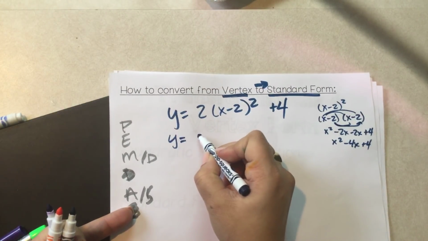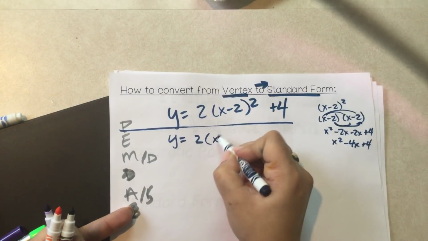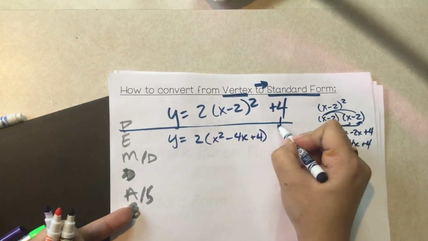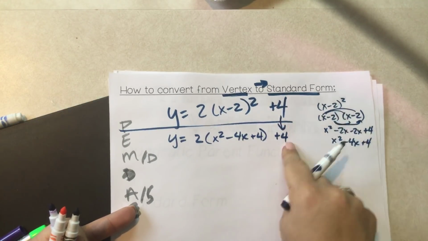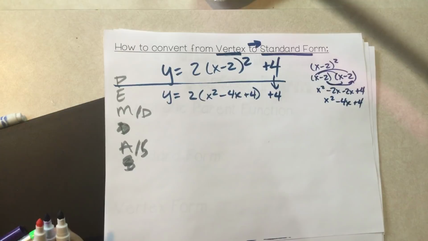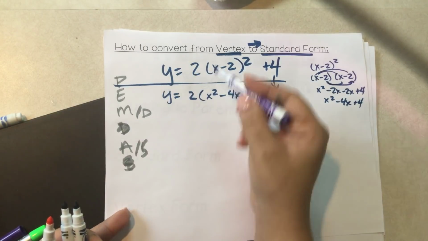We've got y equals now 2 times x squared minus 4x plus 4, and bring this plus 4 down. Do not forget to bring that plus 4 down. It's super important. Now we're going to go ahead and multiply or divide, and in this case we have to multiply.